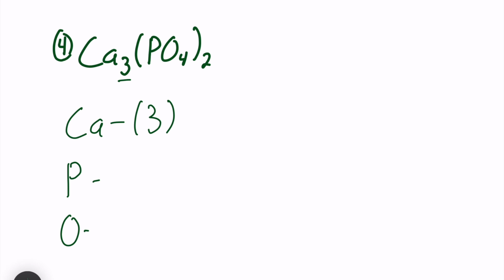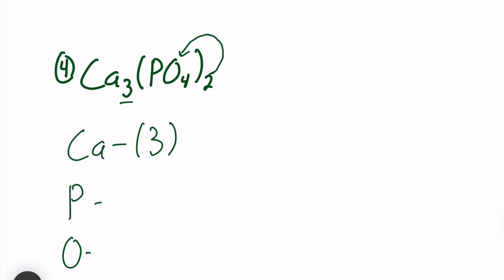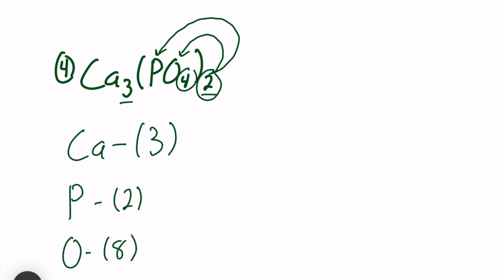So remember, if we have a polyatomic ion in brackets, this number outside of the brackets applies to both elements inside. So that means we'll have 2 phosphorus from this 2 out here, and we'll have 8 oxygen because this 2 has to be multiplied by the 4 beside the oxygen, so there's going to be 8 oxygen in total.